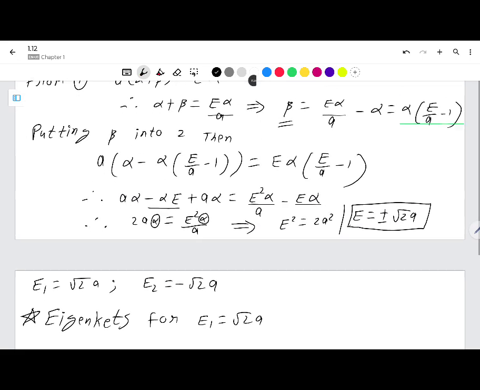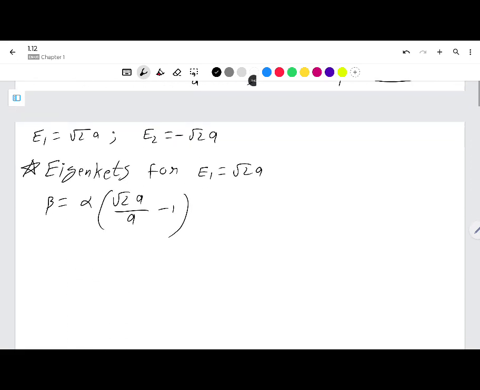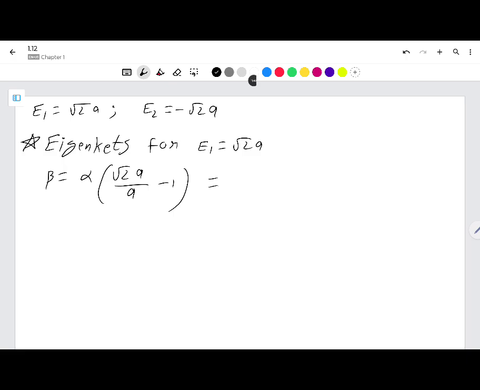Then we will get beta equals alpha times (root 2 A by A minus 1). So this gives us alpha times (root 2 minus 1). So we have beta equals (root 2 minus 1) times alpha.